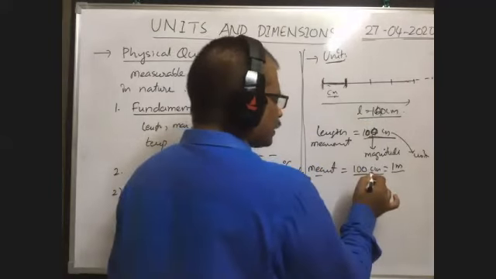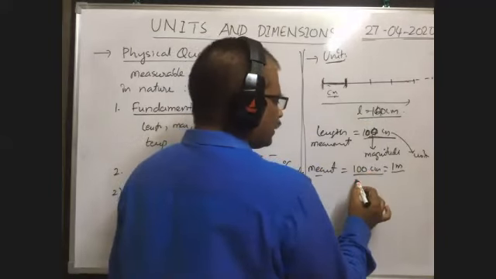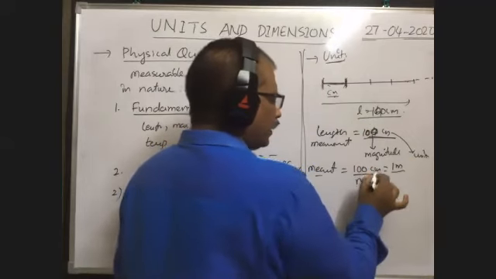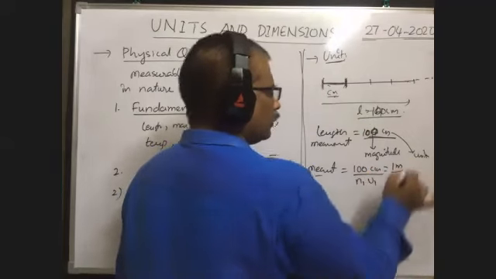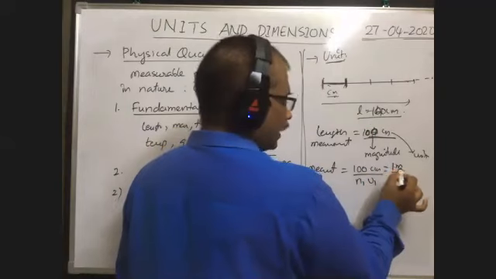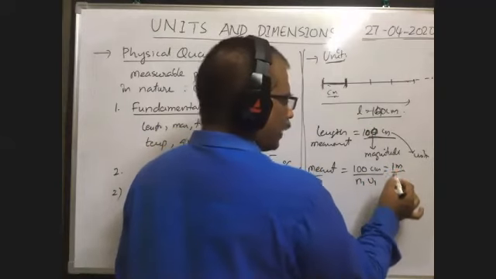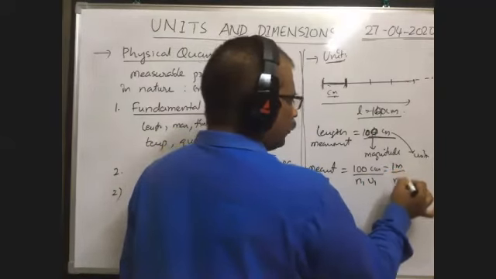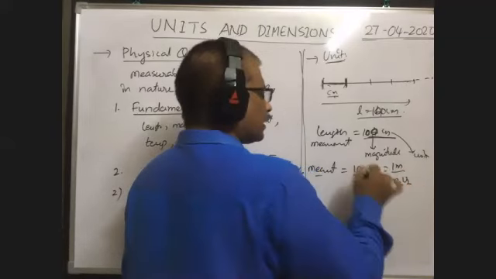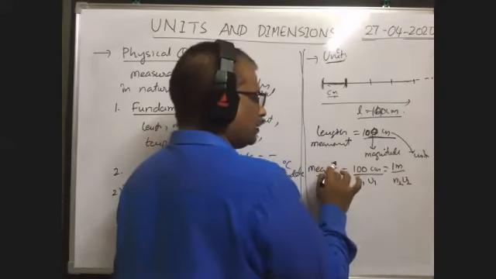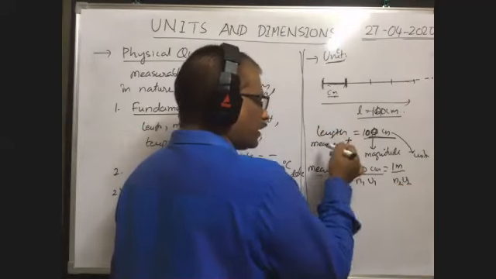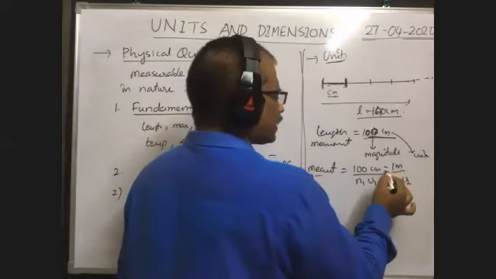Here in the CGS system, the magnitude 100 is say N1 and the unit is say U1. In the SI system, which uses meters, the magnitude is say N2 and the unit is say U2. If you take the measurement of a given physical quantity, length, in any system, that measurement does not alter.